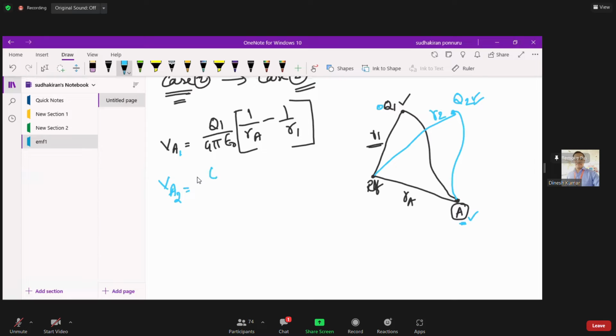That is equal to Q2 divided by 4 pi epsilon naught times 1 by RA. The value of RA will be the same because we are not changing the location of A. So it is always at a distance of RA. Therefore this value will not change. Minus 1 by, earlier it was R1, now the distance is R2.